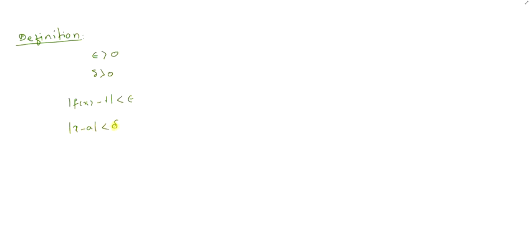Isn't it? But here we are going to make a small change when we define the limit of the function at infinity. And what will be that change? 90% of things are the same.